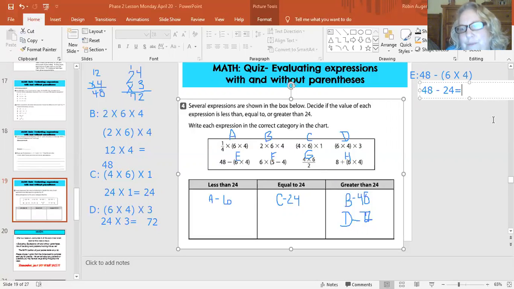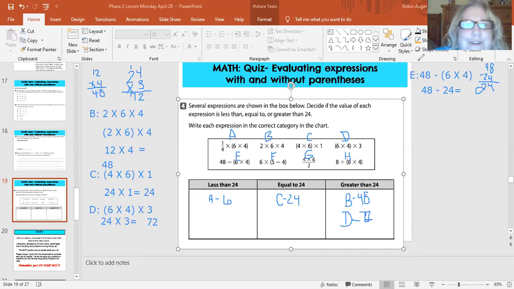And we can do this up on the side too if you want to, just to show. But for those of you who are doing it in your head, 48 subtract 24. 8 take away 4 is 4. 4 take away 2 is 2.